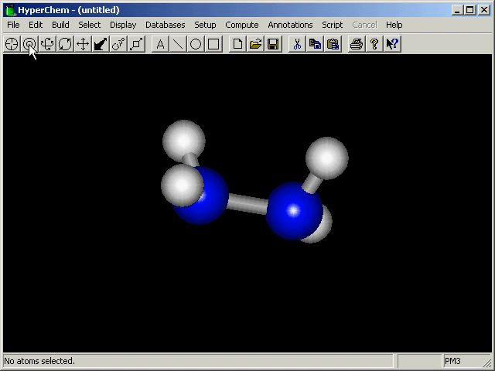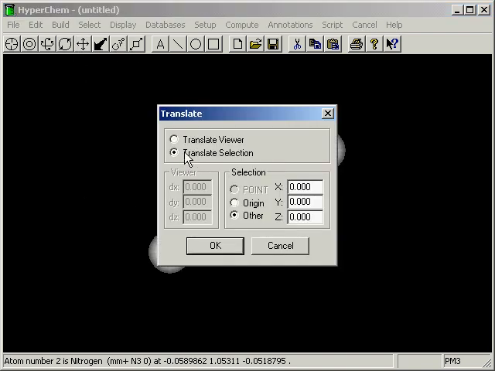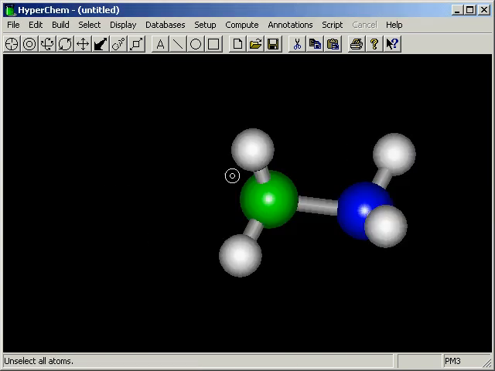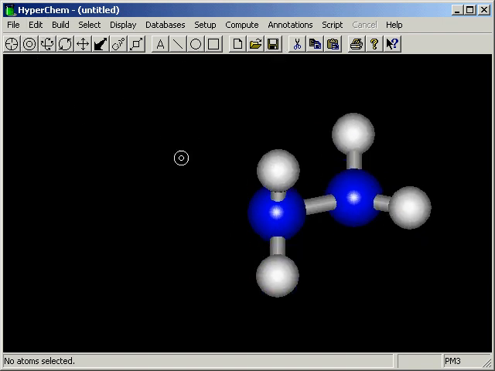We can see this, for example, if we take an atom here and translate it. Say we take that particular atom and translate that selected atom to, say, the origin. If we now look at those coordinates, that atom has coordinates 0, 0, 0. Now, when we rotate the molecule around and we look at that atom again, it still has coordinates 0, 0, 0, even though we moved the atom around.